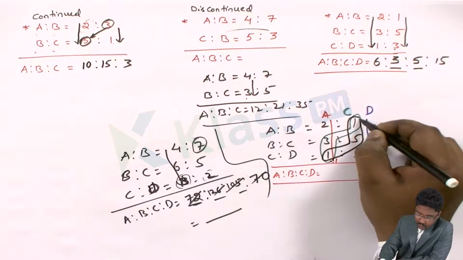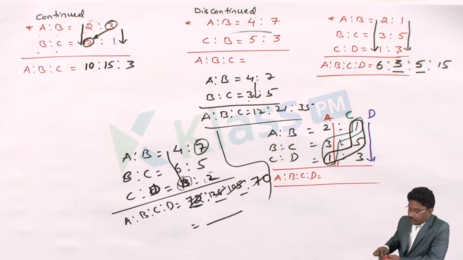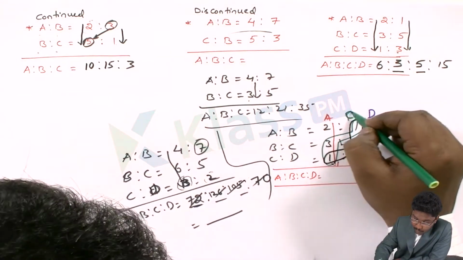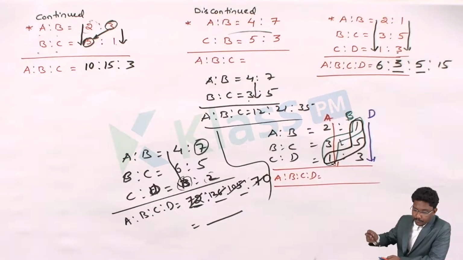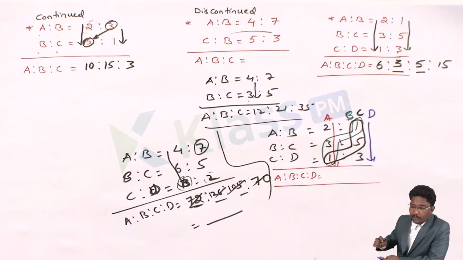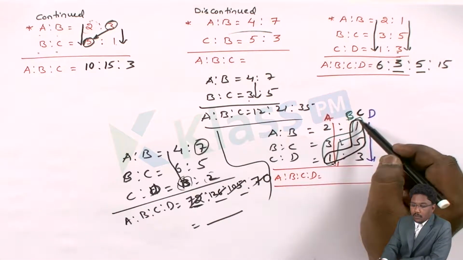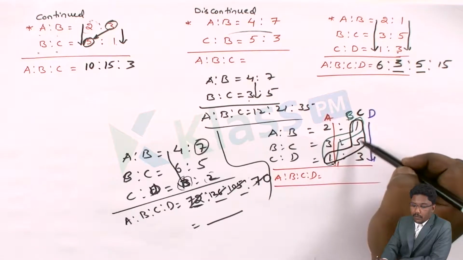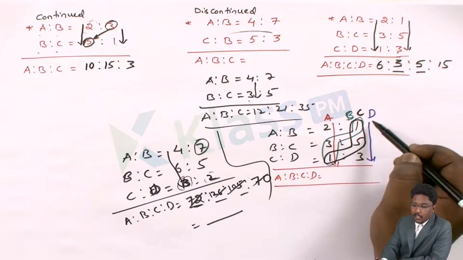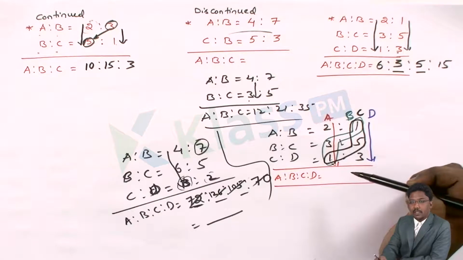The green one is for the B value, and the black one is for the C value. So 2 into 3 gives the A value, 1 3 1 gives the B value, 1 5 1 is for the C value, and the last one is for the D value.